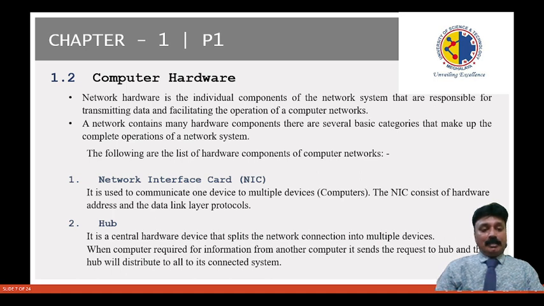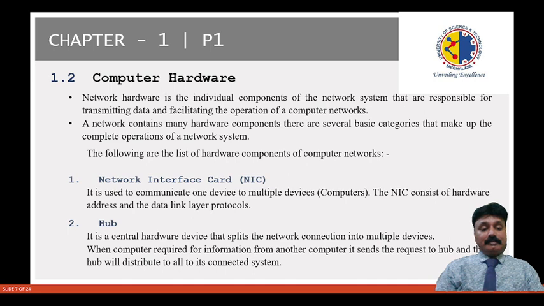The second one is hub. The hub is a central hardware device that splits the network connection into multiple devices. So when the computer requires information from another computer, it sends the request to the hub, and the hub will distribute it to all its connected systems.